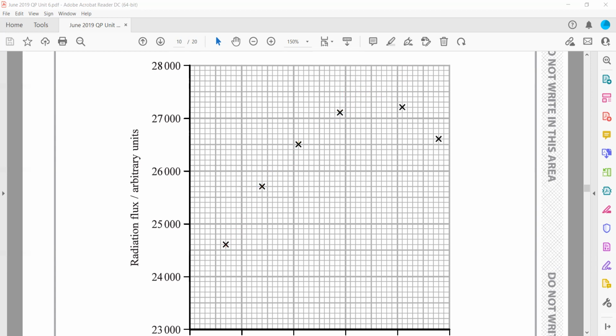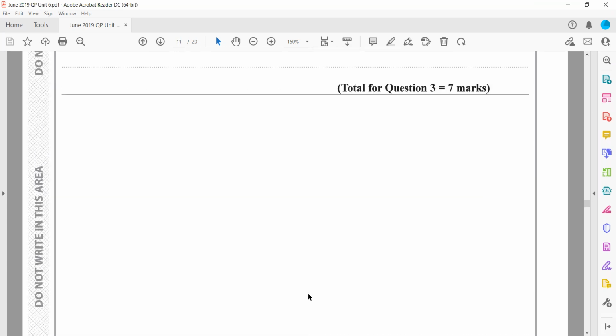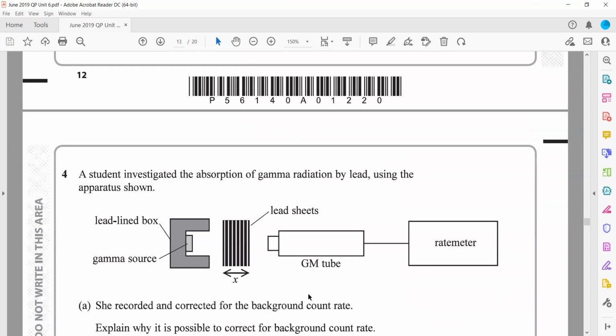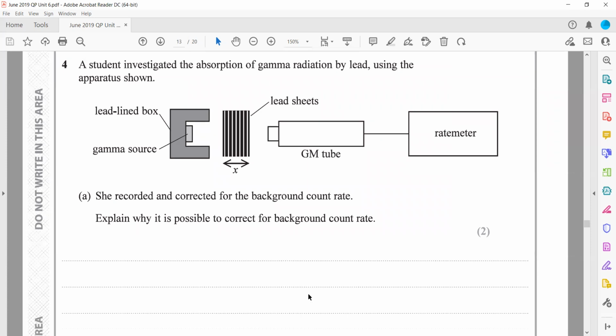Then question number 4A. A student investigated the absorption of gamma radiation by lead using the apparatus shown. She recorded and corrected the background counts.